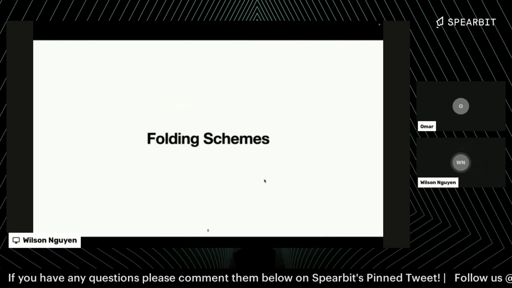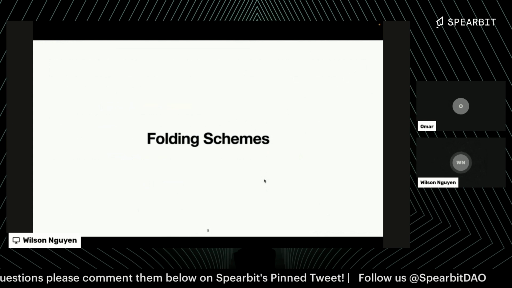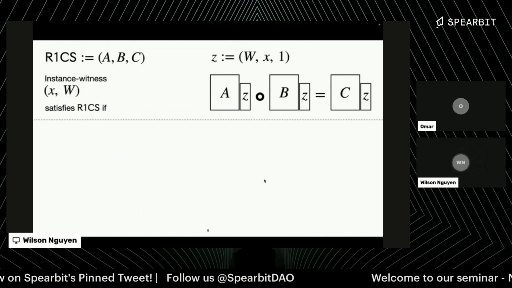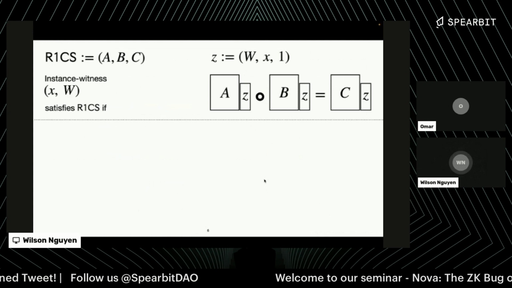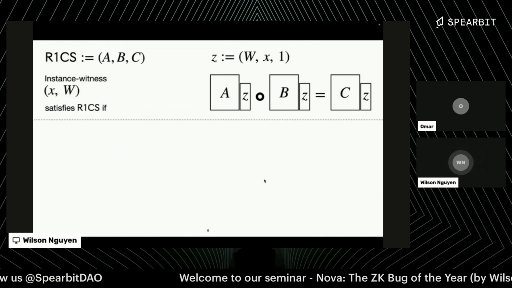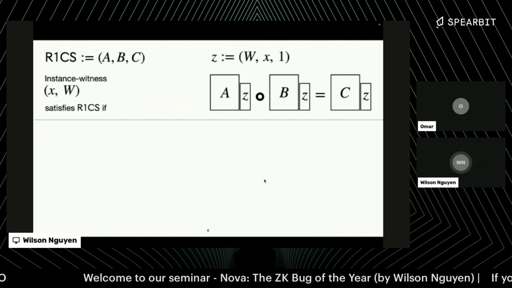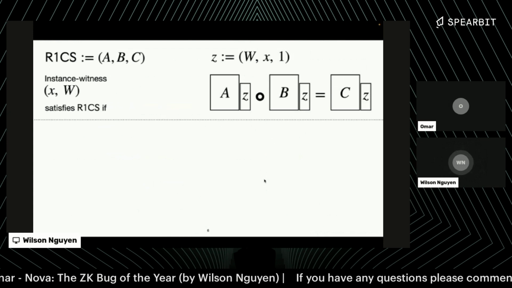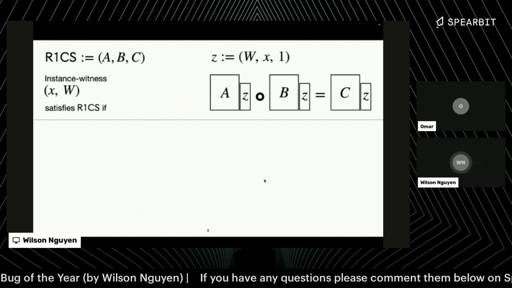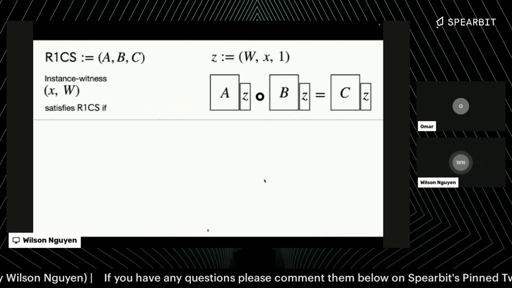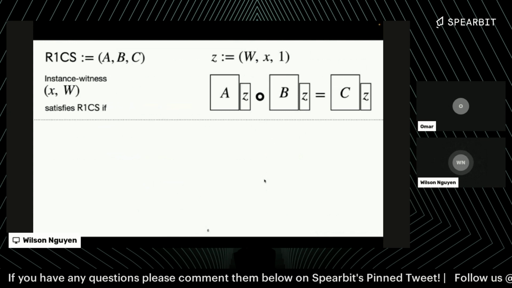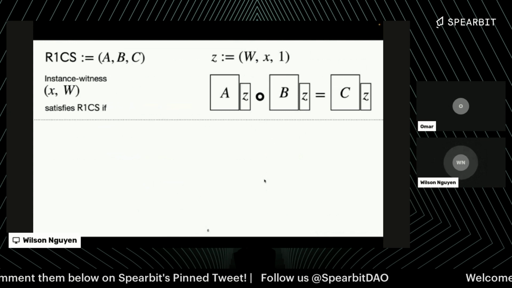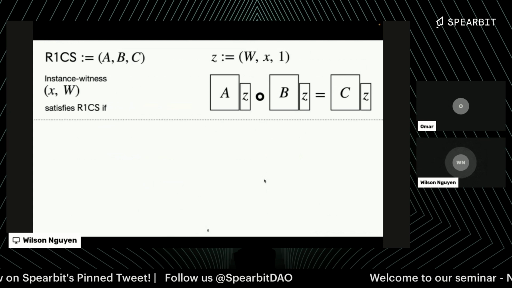So first off, folding schemes. But in order to describe folding schemes, I'll have to do a brief review on constraint systems. So an R1CS constraint system consists of 3 matrices. They're accompanied by an instance witness pair, X and W. You can imagine X as the public inputs and W as the private inputs.